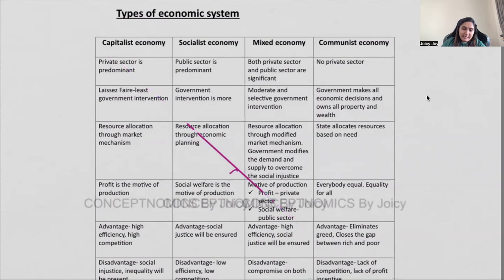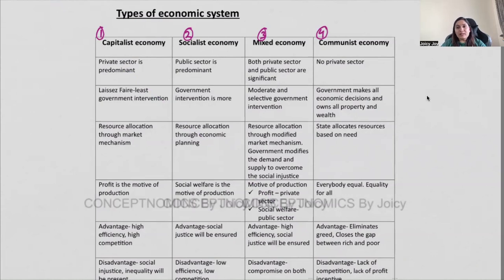Second one is socialist economy. Third one is mixed economy. And the fourth one is communist economy. These are all basic things which will help you understand the upcoming modules in detail. So we will discuss them.